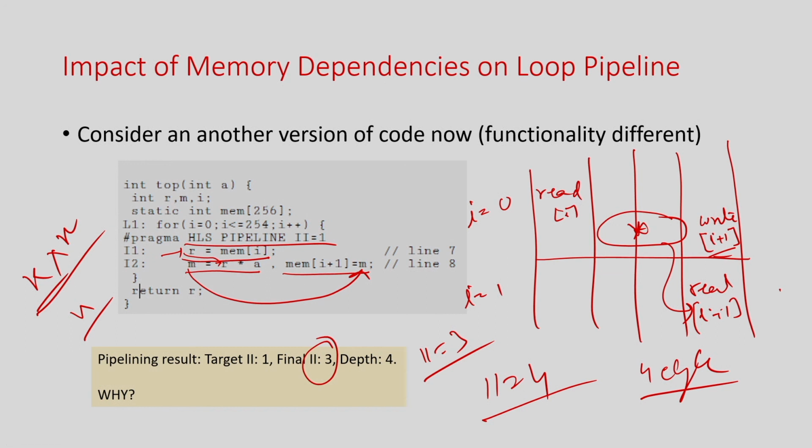That is the biggest advantage we usually get through pipelining, but these dependencies can impact it. So the motivation was just to convince you that dependencies can sometimes impact loop pipelining.